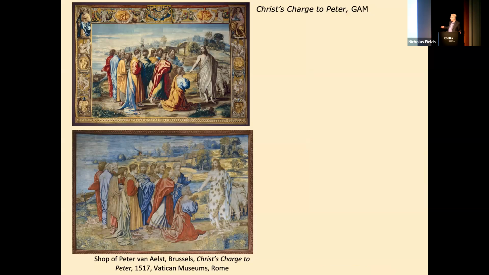And then the difference between the Vatican and the Dresden set of tapestries is very noticeable if you compare the Vatican version of the Charge to St. Peter, where Christ, who's in a white robe that shows that he's resurrected, the Christ risen from the grave, the color white shows that. In the Vatican version, there are spots of gold on the white.